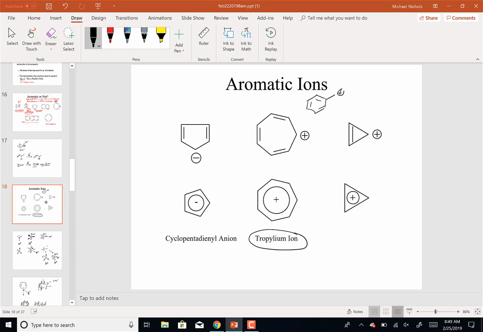They both have the same molecular weight, which was 91. So in your mass spectrum, if you think you have a benzene ring with an alkyl group attached to it, you always look for the peak at 91, because the peak at 91 tells you that it's either the tropylium ion or the benzylic carbocation. But the reason the tropylium ion is formed in mass spectrometry is because it's aromatic and it's very stable.